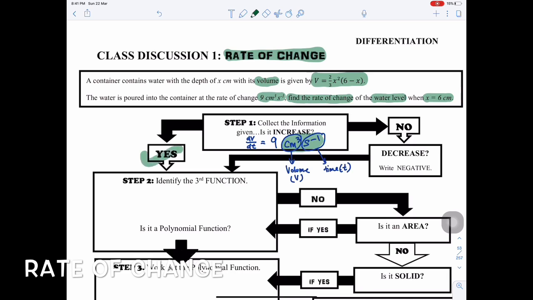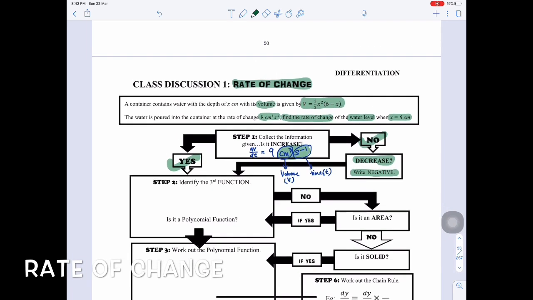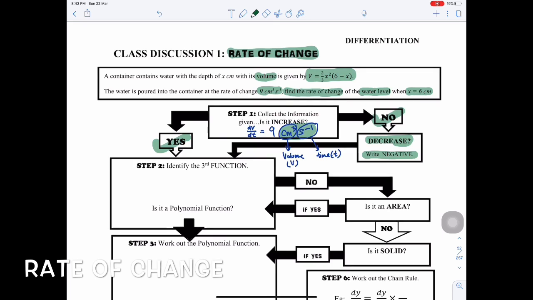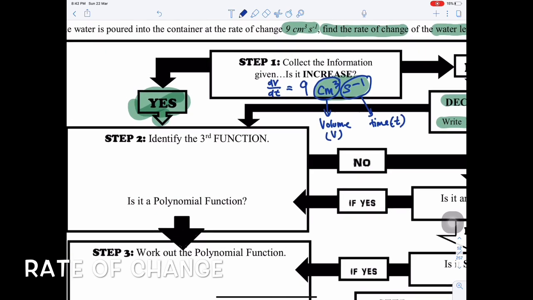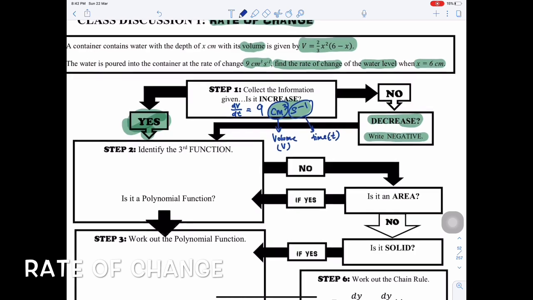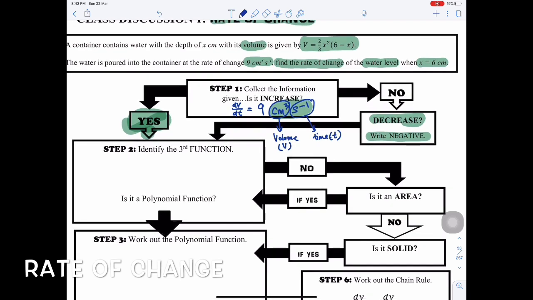If decrease, the answer is no. Write down, don't forget to write down the negative. Next, is it increase? Yes, the answer is yes. So you color the arrows.